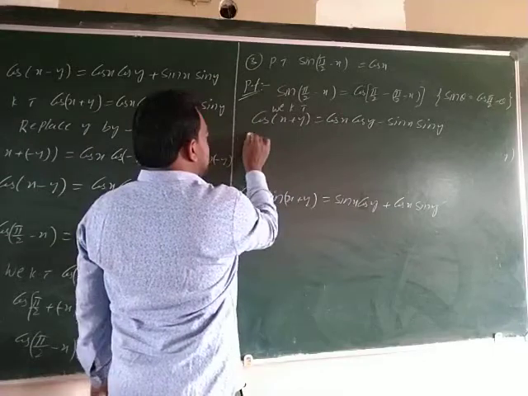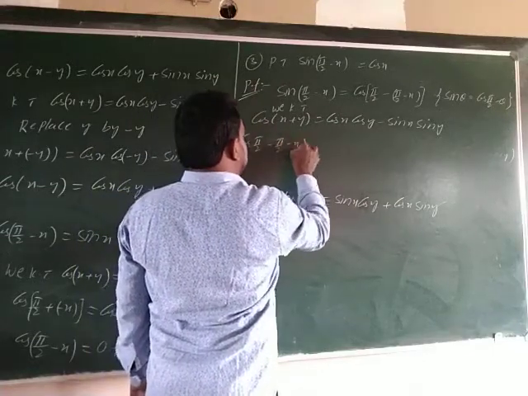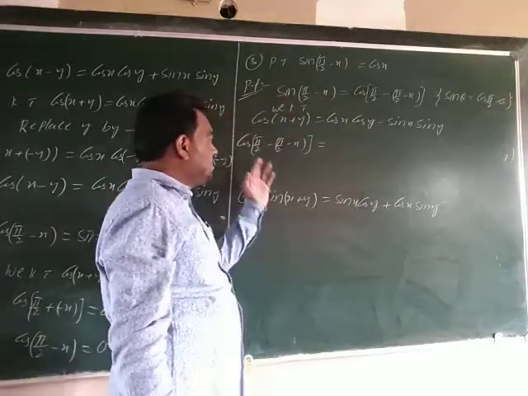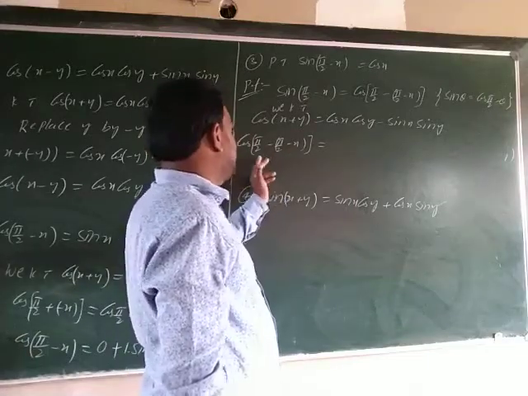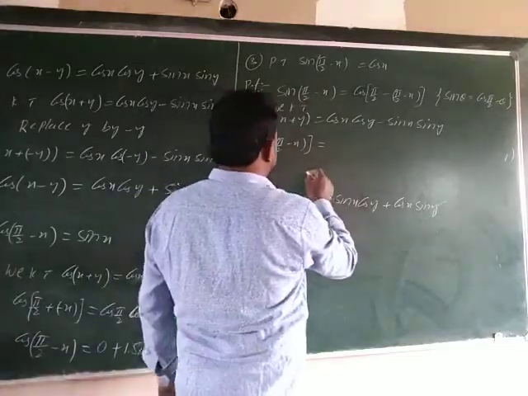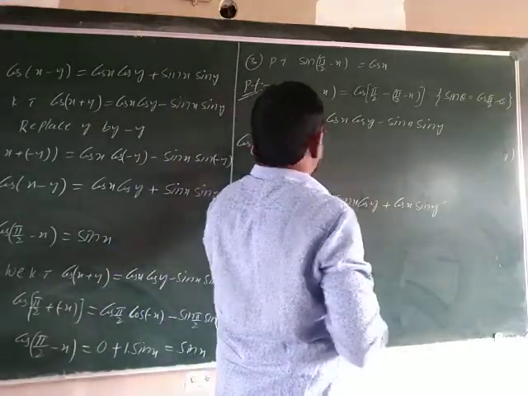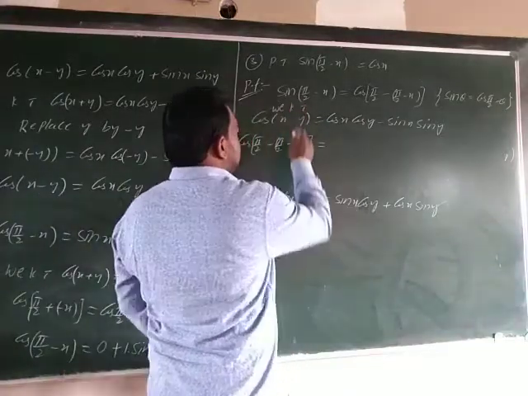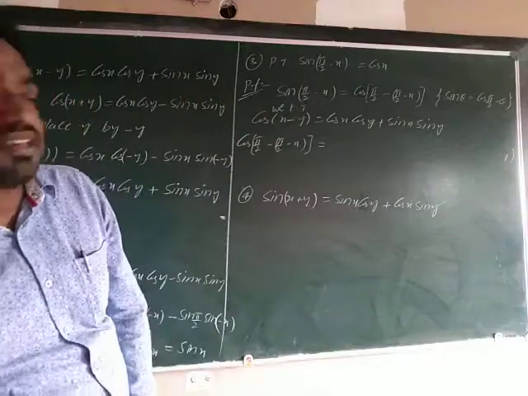Otherwise, we know the cos of x minus y formula: cos of x minus y is equal to cos x cos y plus sin x sin y.